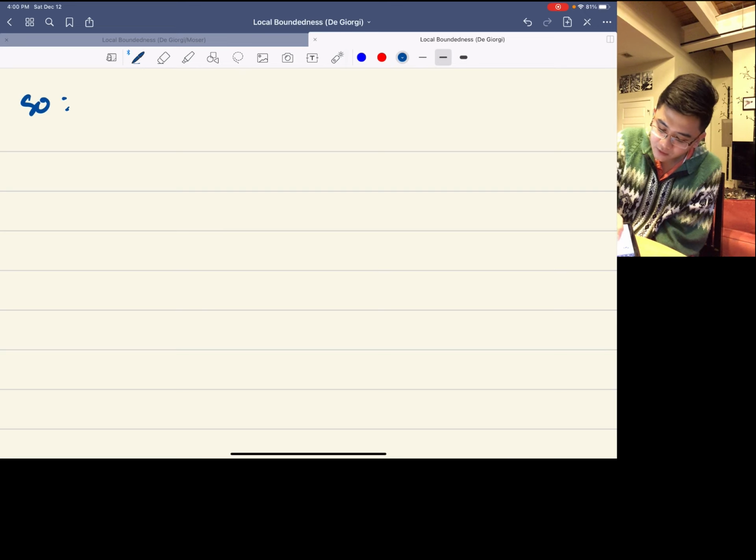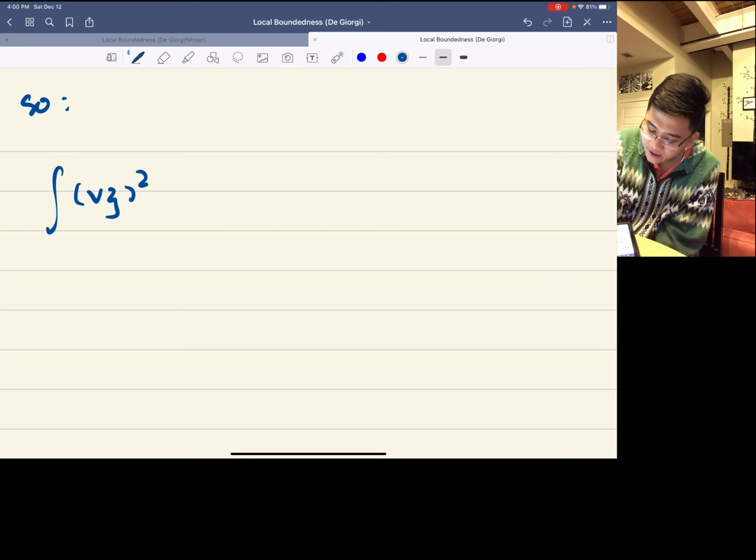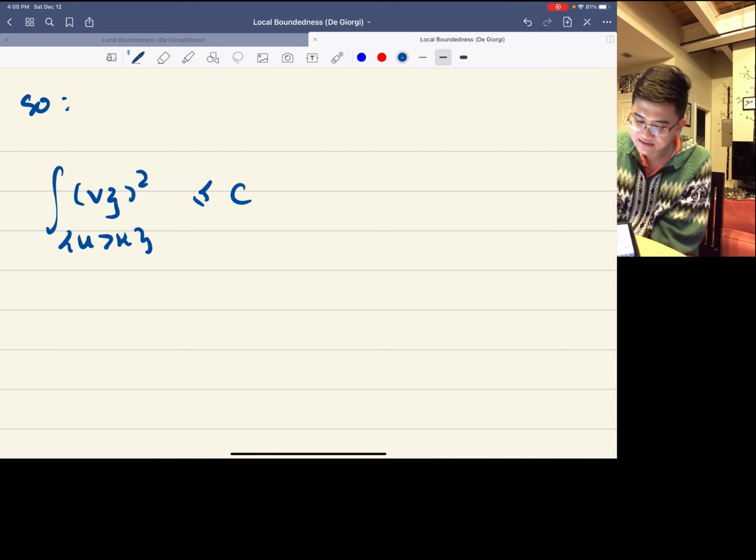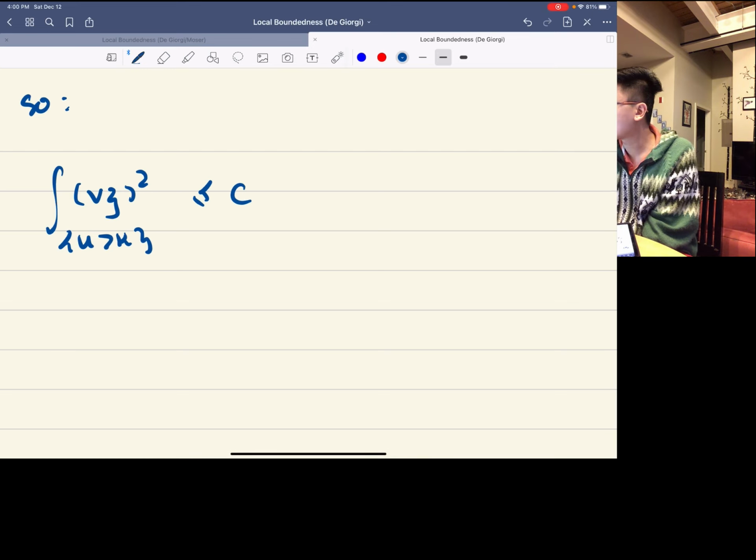So we get that the integral of v zeta squared over u bigger than k is less than or equal to some constant c times, okay, what do I have here?